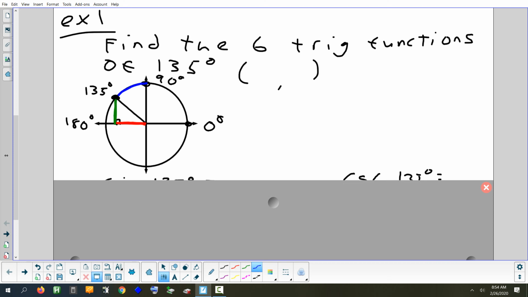To get from 90 to 135, you added 45, which means this part is 45 degrees to get from 90 to the hypotenuse. Well, if that's 45, then that has to be 45 too, because right there, that part in blue, that's a 90.